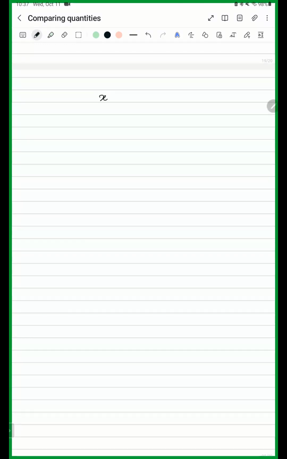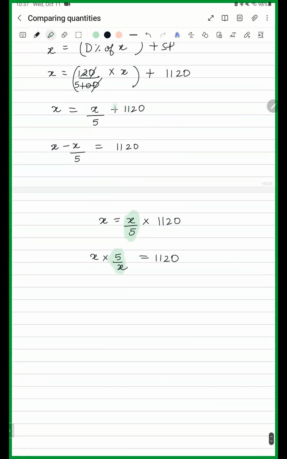If it was x by 5 into 1,120, it's being multiplied. Then when you take it to the other side, you take the multiplicative inverse, the reciprocal, so it will become 5 by x. But here it is being added, so we take the additive inverse of x by 5, which is minus x by 5. Is that clear?